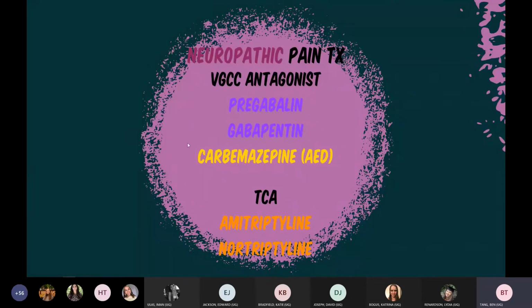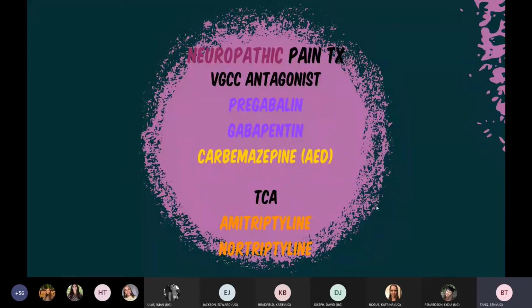You can also use carbamazepine, which is again an anti-epileptic, specifically for trigeminal neuralgia, I believe. And apart from these calcium channel blockers, you have the TCAs, the tricyclic antidepressants, which were mentioned before by Kat. These are the triptylines, so amitriptyline or nortriptyline.